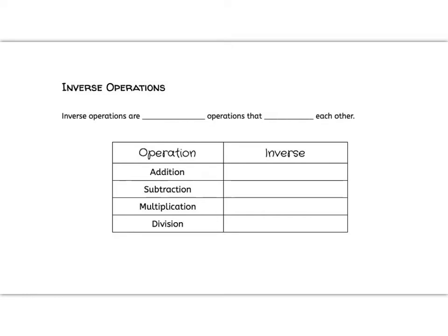So when you solve equations, the idea is that you need to use an inverse operation. Inverse means opposite. So inverse operations are opposite operations that undo or cancel each other out.